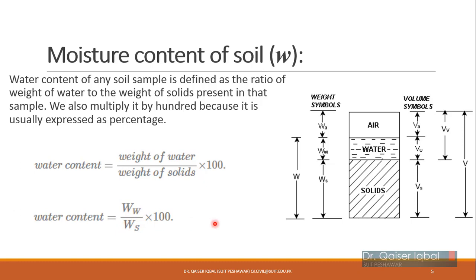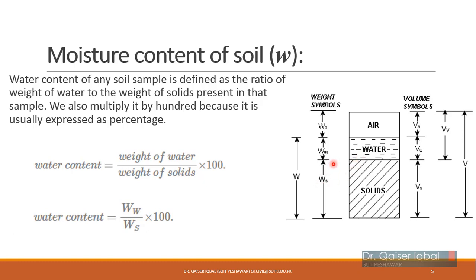We will be determining this value for a typical soil in the laboratory as well, in which you will take a soil sample and take its weight along with water in moist form. Then you will put it in an air-type oven at 110 degrees centigrade for 24 hours, dry the sample, and that will give you the weight of solids.